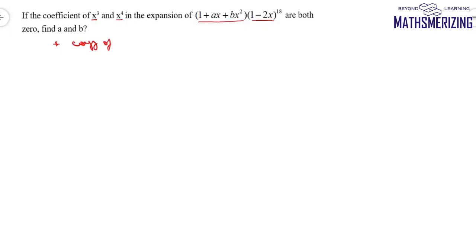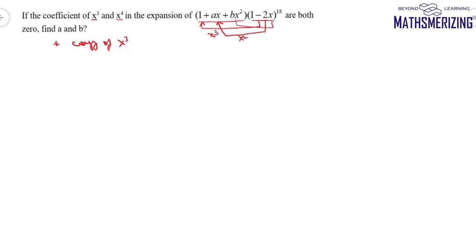the coefficient of x cube. Now how do I get the coefficient of x cube? When x cube from (1 - 2x) to the power 18 gets multiplied with 1, I'll get x cube. When the coefficient of x square from (1 - 2x) to the power 18 gets multiplied with ax, then I'll get x cube.